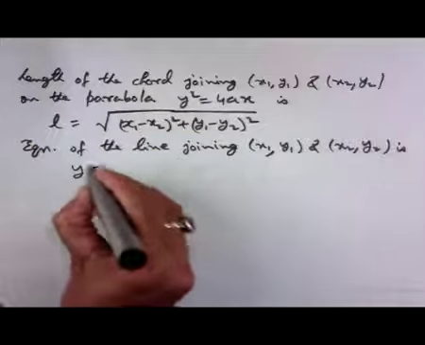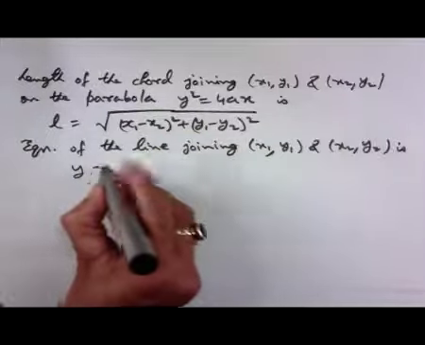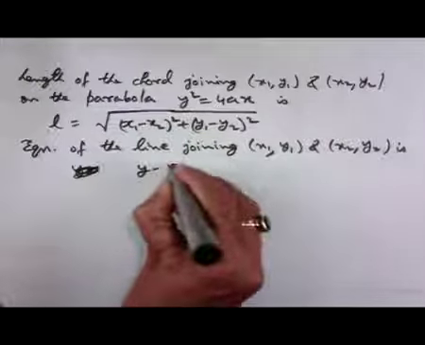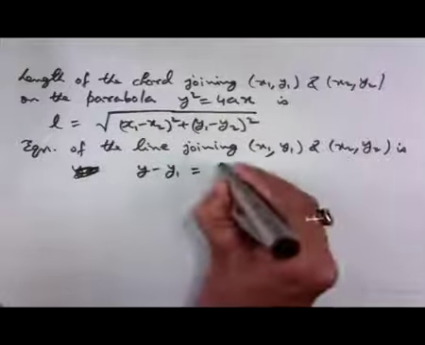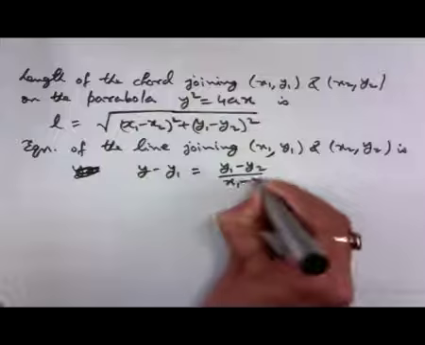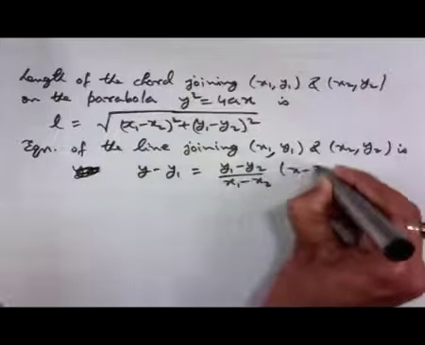So, let me write it in the form y minus y 1 equal to the slope (y 1 minus y 2) by (x 1 minus x 2) times (x minus x 1).